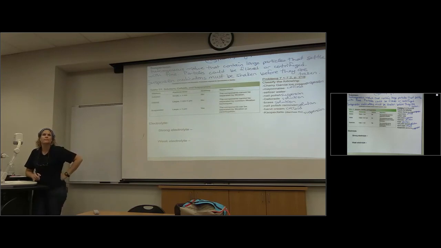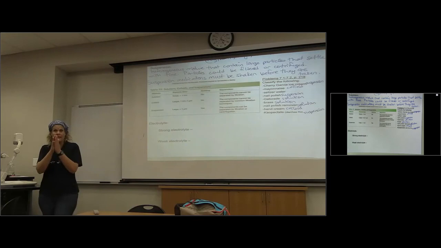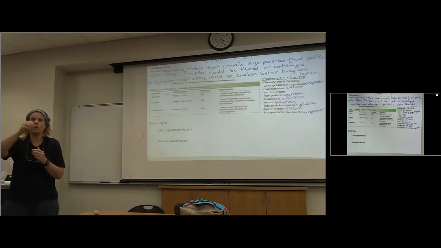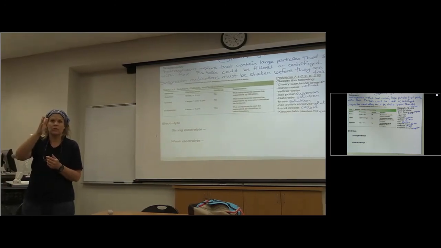Yes? Okay, so for the solution, you said that it's transparent, but you said coffee and tea are part of that. I can't really see through those. Well, think about if you thinned them down, if you diluted them enough, could you see through them? Or if you had a strong enough light? If you had a thin tube of even really strong coffee, could you see through it?